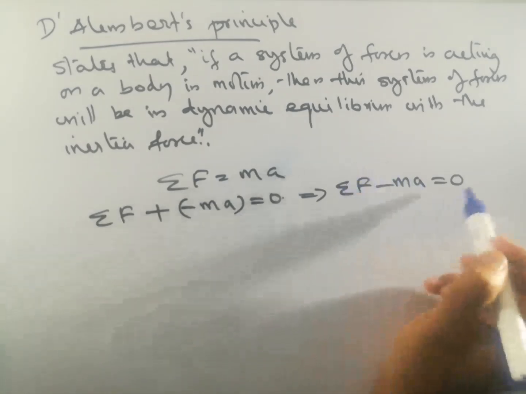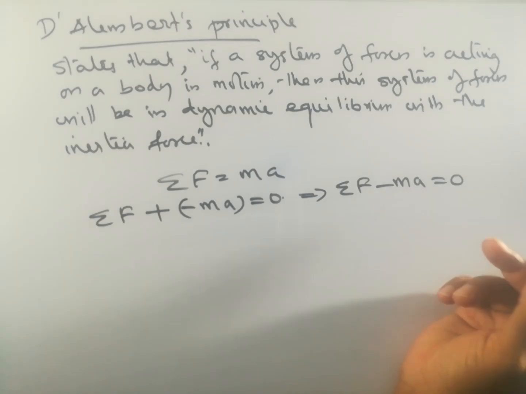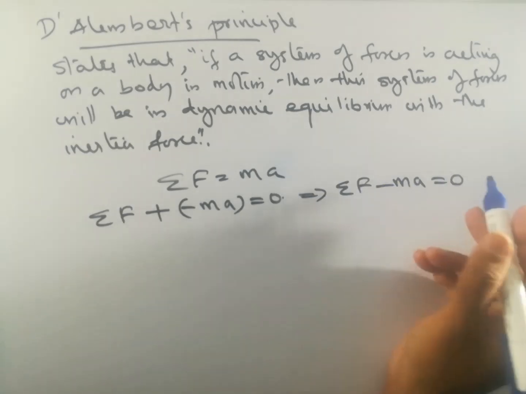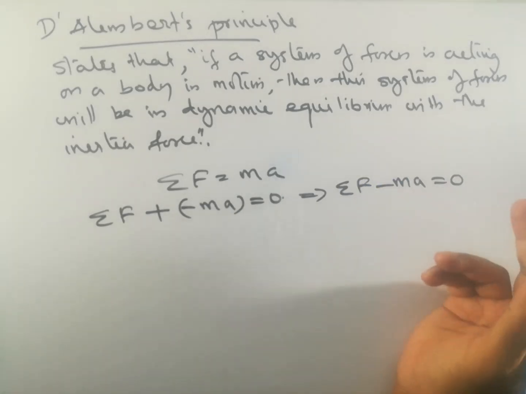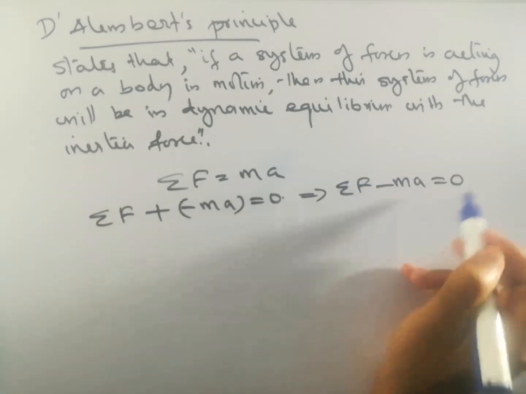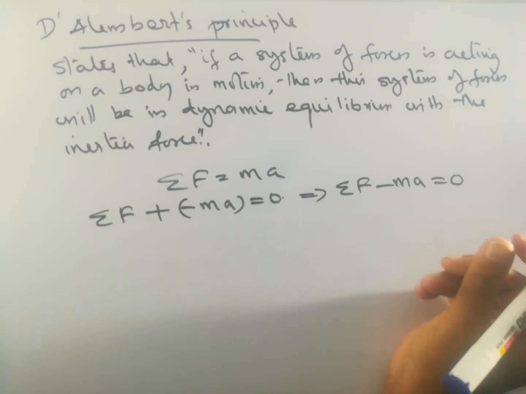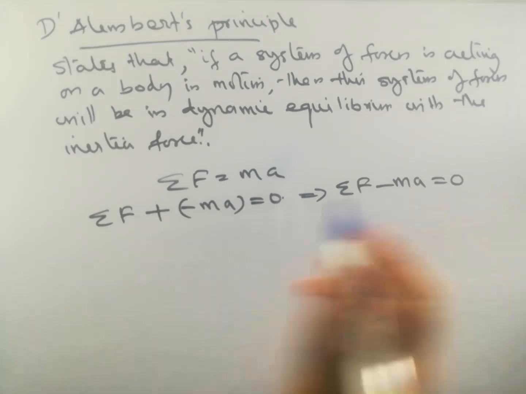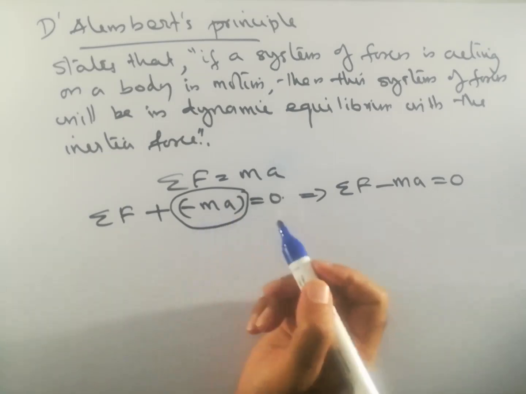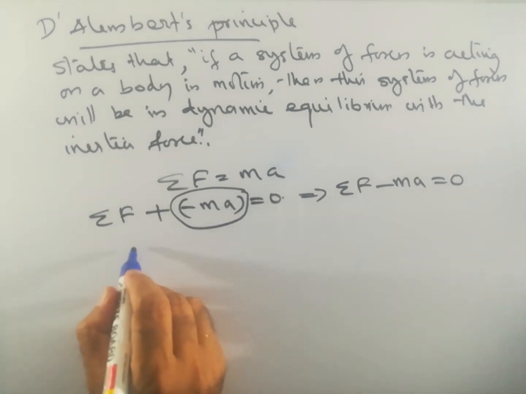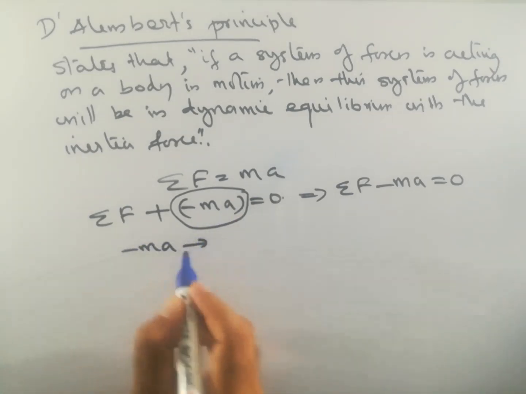Okay, this equation looks like a static equilibrium equation, because sigma F equal to 0, or F1 minus F2 plus F1 equal to 0, is like a static equilibrium equation. Here, this term minus ma is called the inertia force.